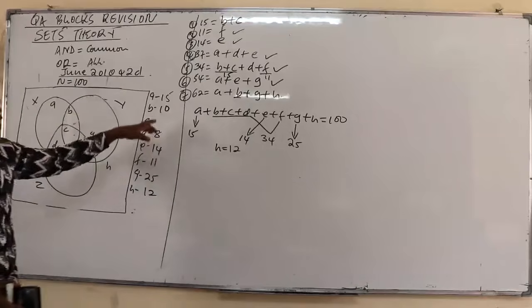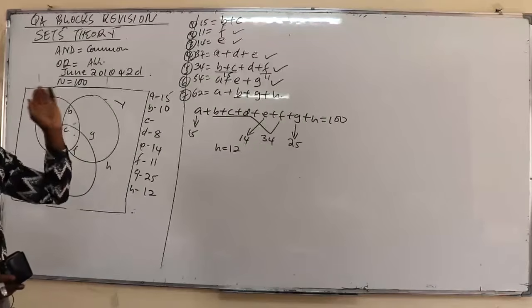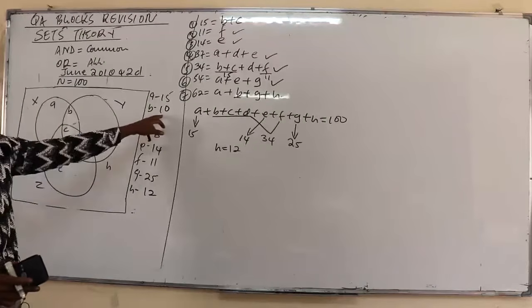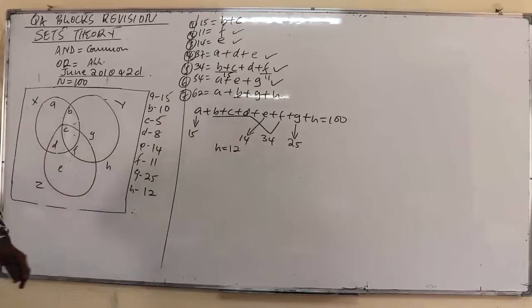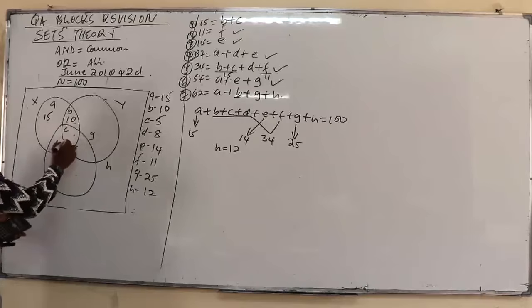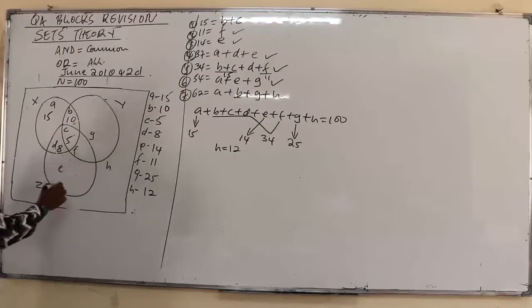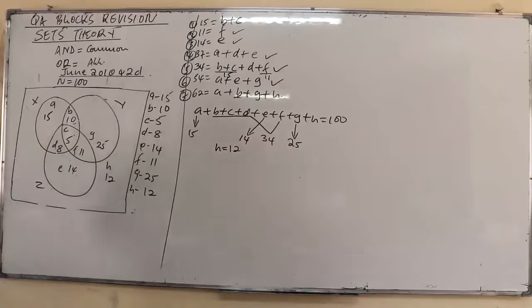You are now remaining with C. Let's go to the first equation. B plus C is 15, and B is 10, so C is 5. So A is 15, B is 10, C is 5, D is 8, E is 14, F is 11, G is 25, and H is 12.